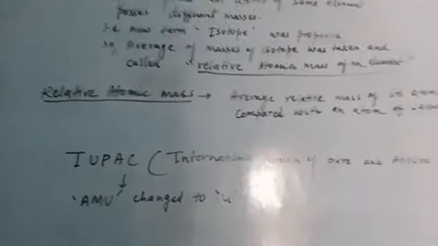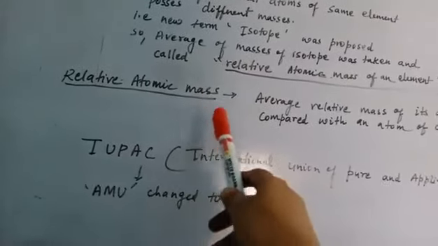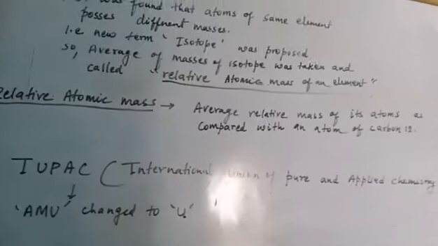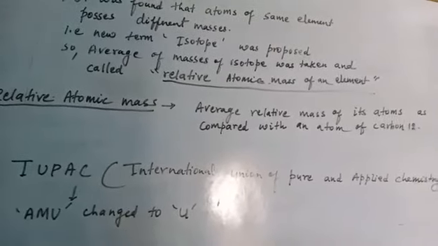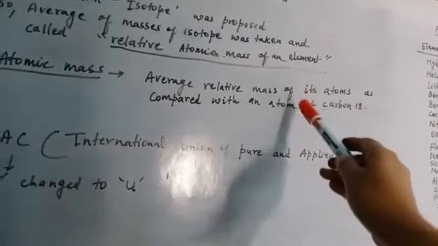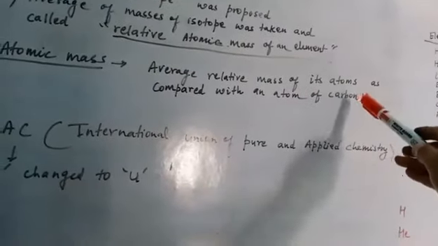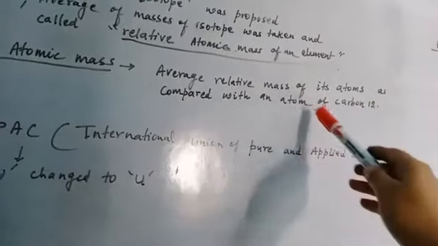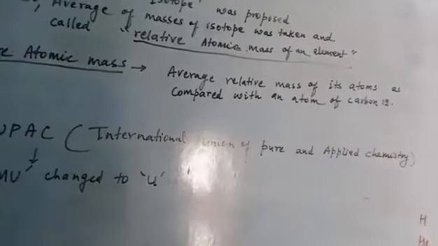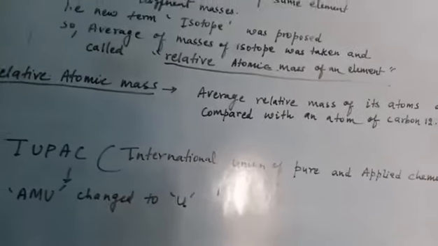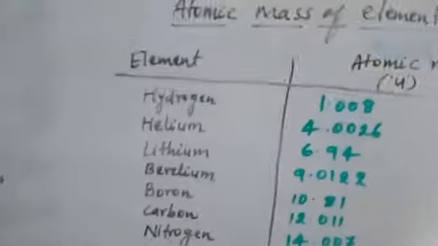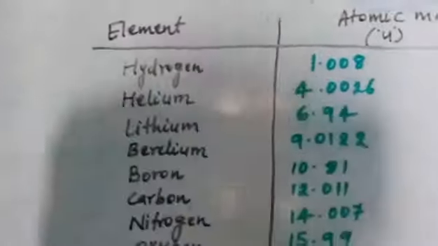We can also define relative atomic mass of any element: it is the average relative mass of an element's atoms as compared with an atom of carbon 12. Okay, so quickly we see the elements and their atomic mass.